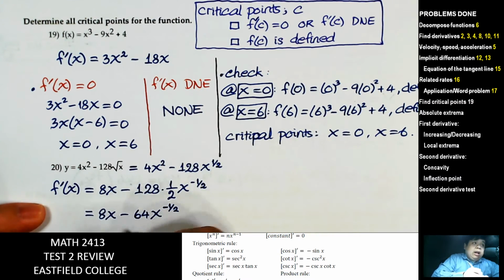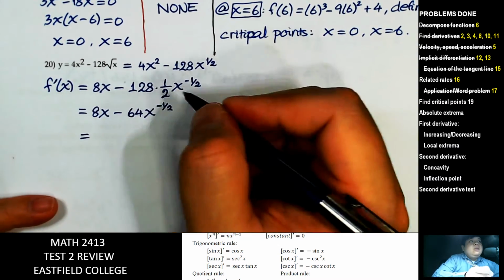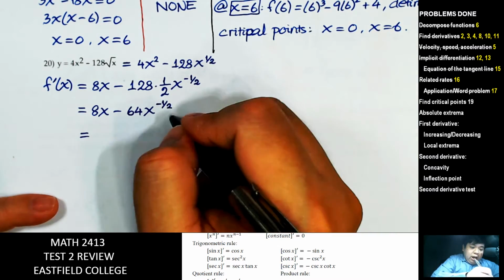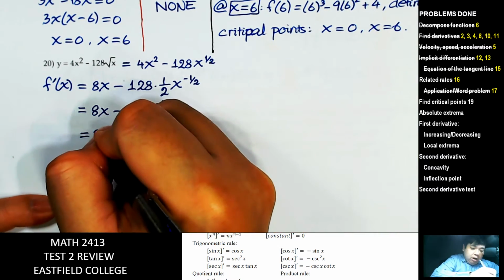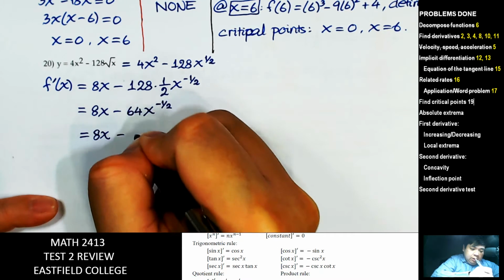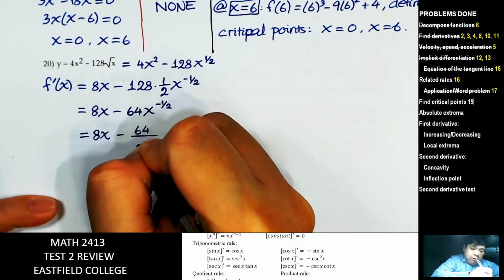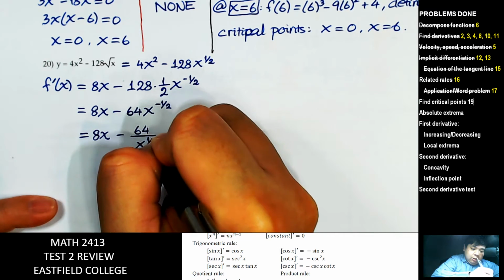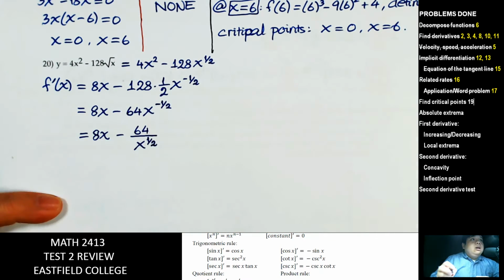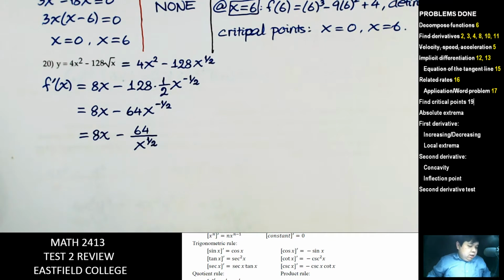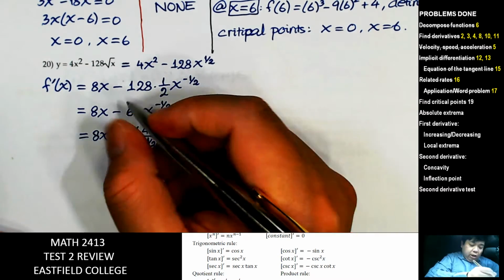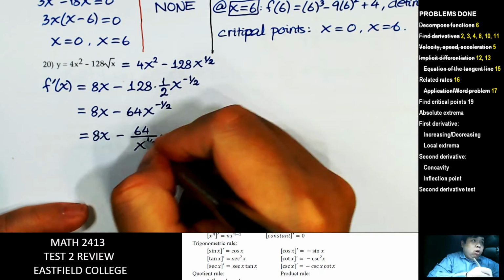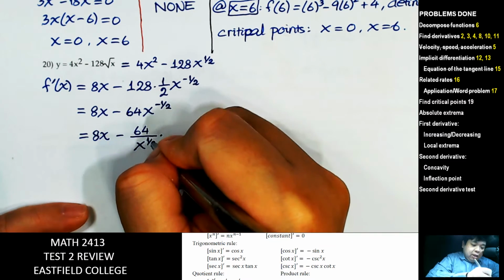Right, now negative 1/2, move it down to the bottom. Turn to positive. Now we have something in the denominator. When that happens, we will convert that into one big fraction.